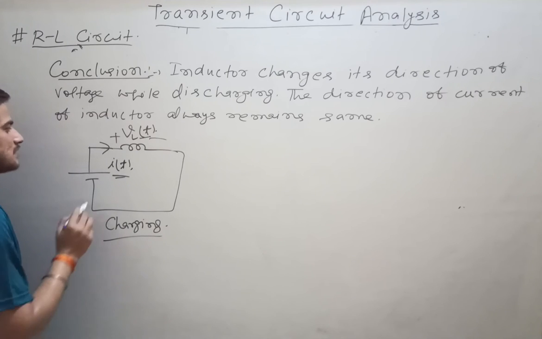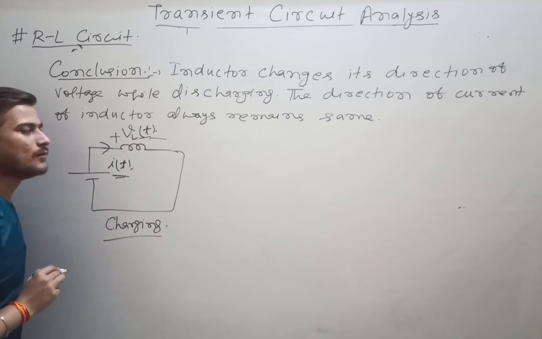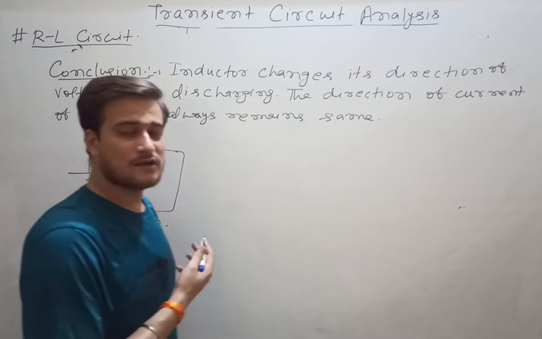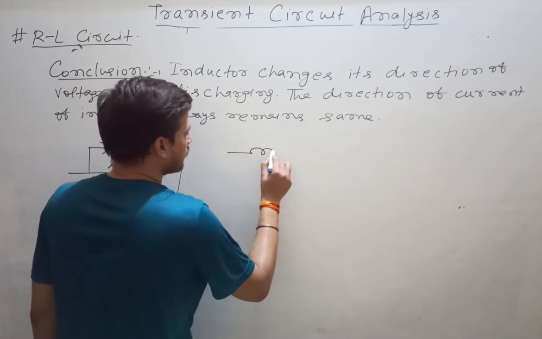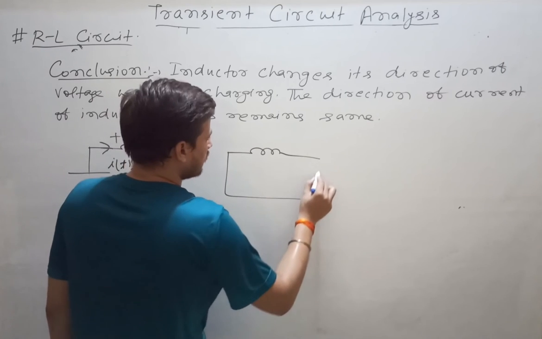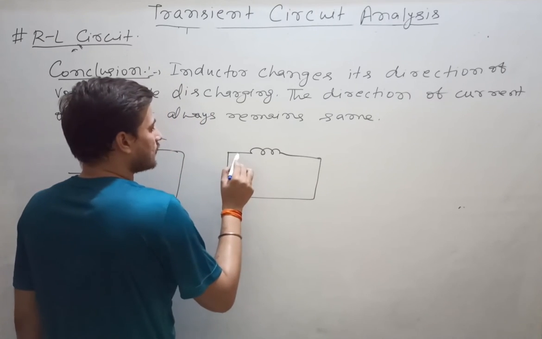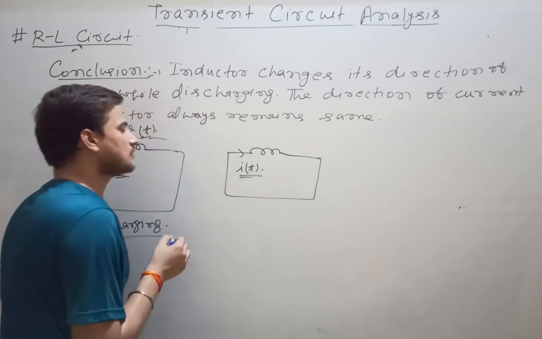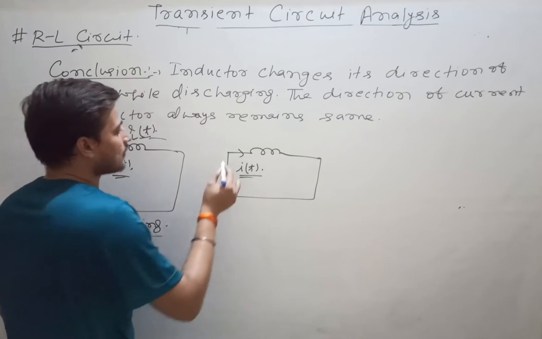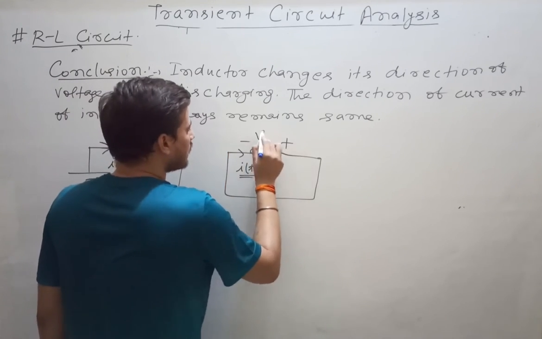That means you see current is entering through the positive terminal, so it is charging. Next, what happens? If you remove the supply, there will still be current, because an inductor does not allow a sudden change in current. So current will be the same, but here the voltage will be reversed.